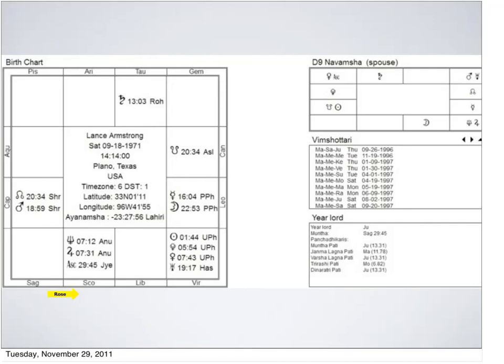Jupiter has a tendency to magnify things, and it's kapha-like in nature. So here we have followed the chart and we've looked at the indicators. Does anyone have a question about what we did in terms of the Ascendant and the planets that ruled the chart?